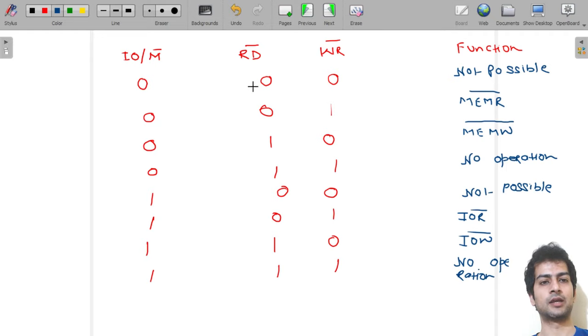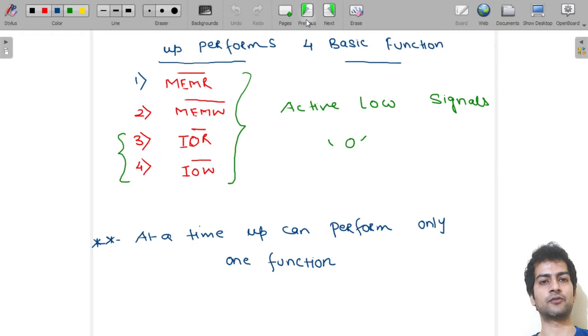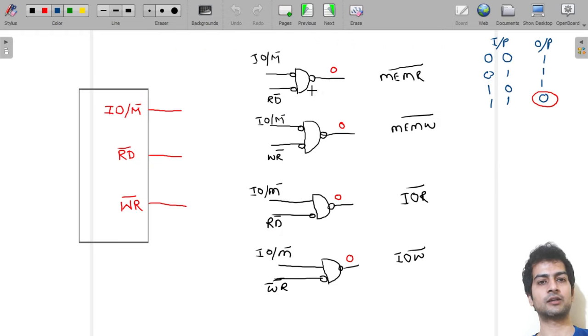From this table, we can conclude that if we know the inputs at these pins, then we can easily say which function the microprocessor is performing. So let's take one or two examples.